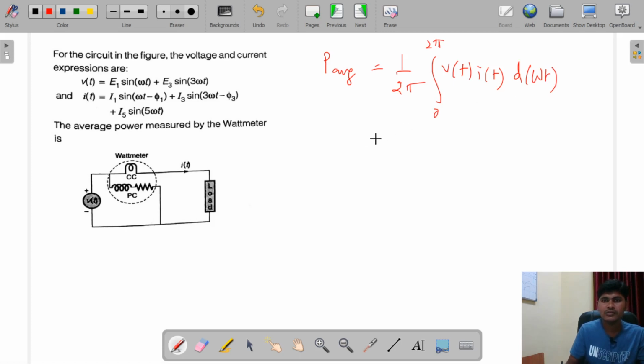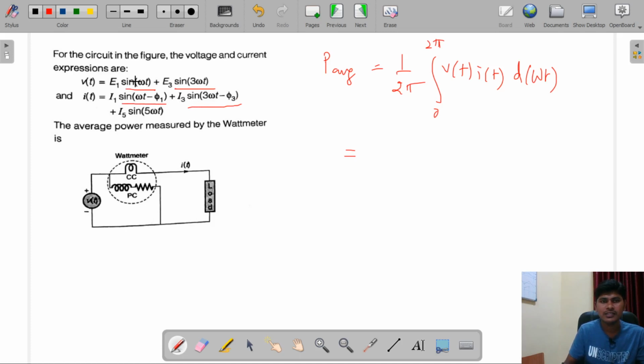Okay, so then you are going to get, which is equal to, this is the maximum value. E1 and E3 are maximum values. Again, E1, E3 and E5 are maximum values. See, sin(omega t minus phi 1), sin(3 omega t minus phi 3).